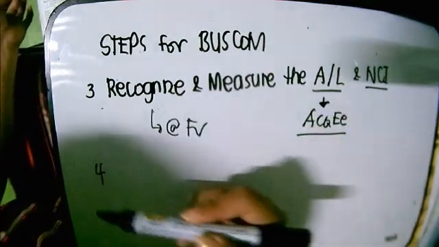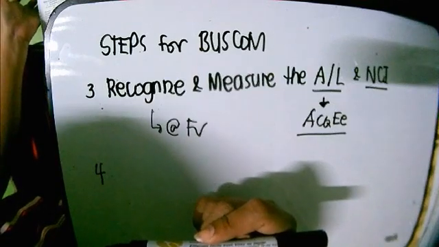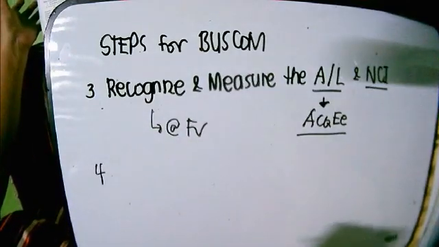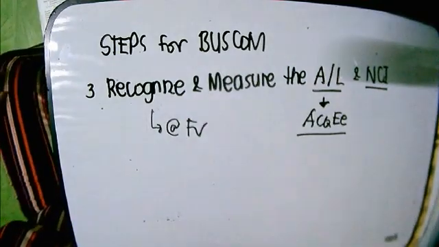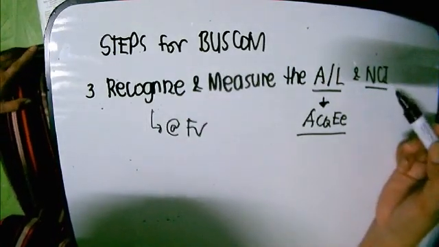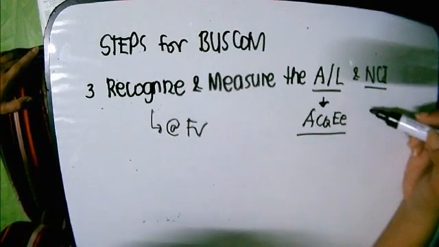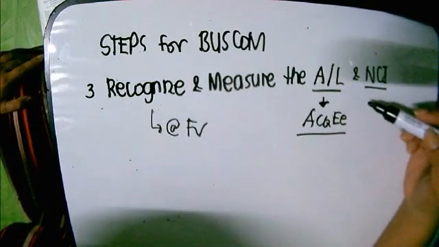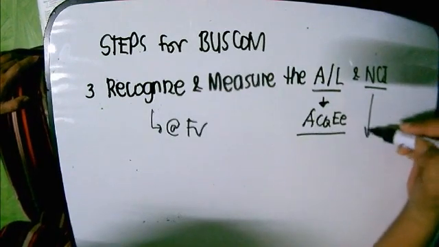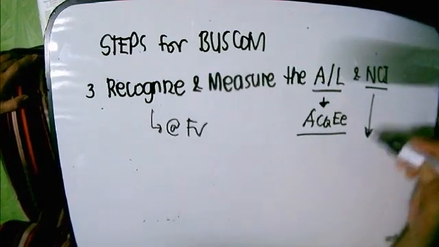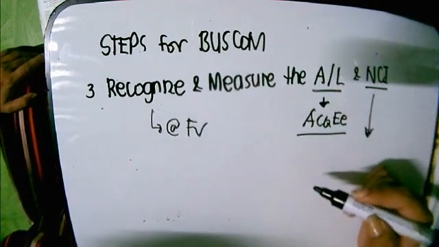Step 4 is next is NCI. How do we measure NCI? Now we have two methods to record NCI or the non-controlling interest.